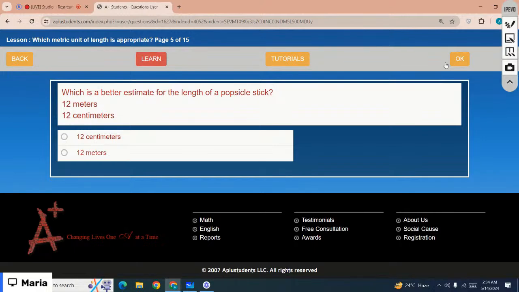The next one: which is a better estimate for the length of a popsicle stick? 12 meters or 12 centimeters?